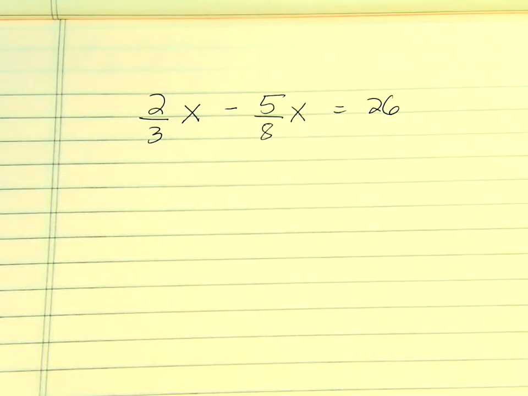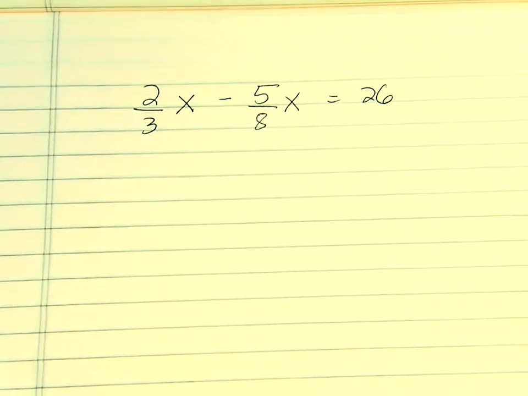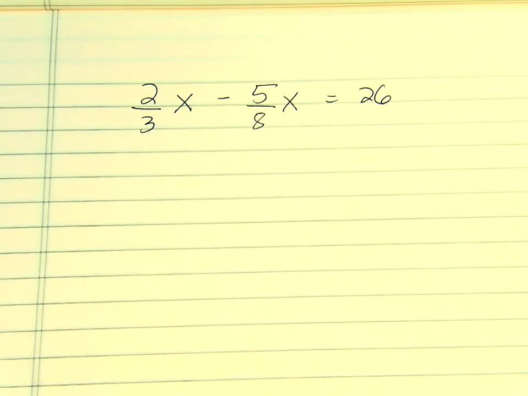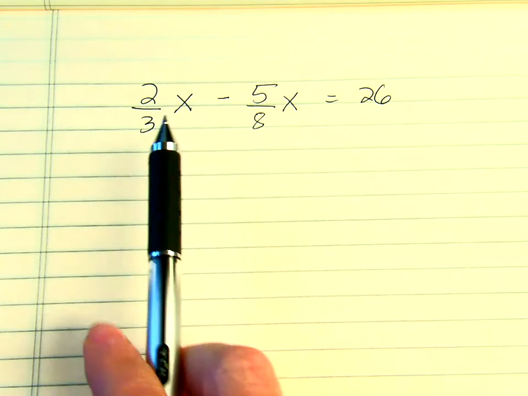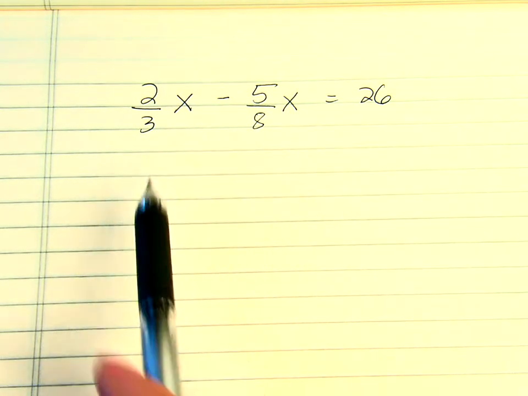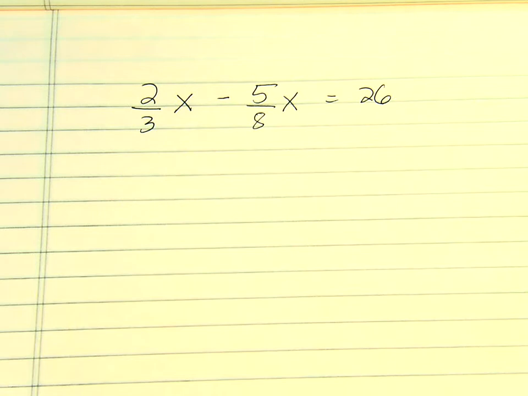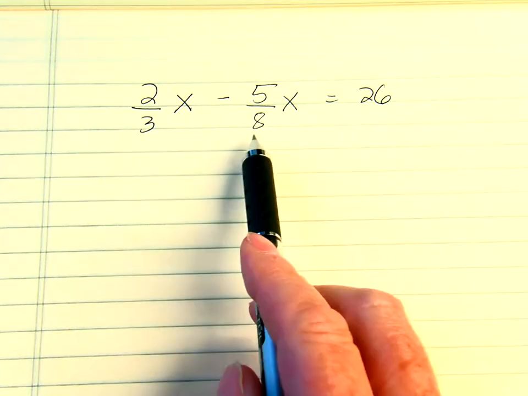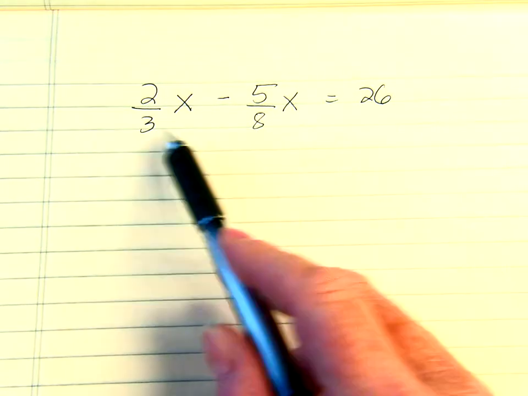Now at this point, if you want to go ahead and pause, do it, and then rejoin me, you'll be able to see how it goes. So I need to multiply both sides of this by a number that will get rid of the fractions, in essence. So I need a multiple of both.